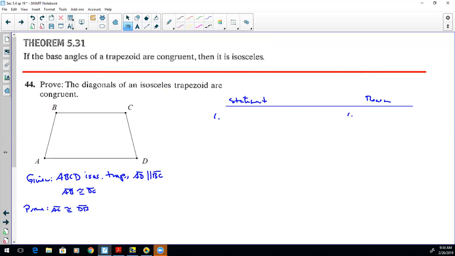This first thing is just given. Just write all this stuff in up here. So let's make a few marks here. AD is parallel to BC, and AB is congruent to DC. Okay, 2, angle BAD is congruent to angle CDA. The previous theorem we had said the base angles of an isosceles trapezoid are congruent.